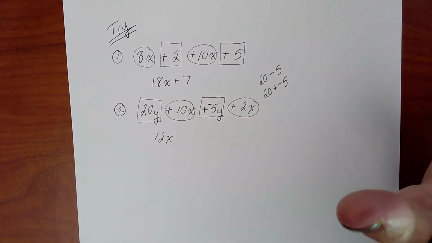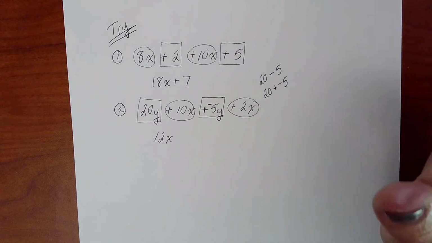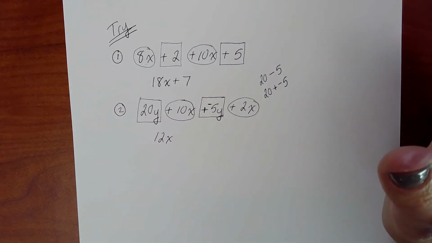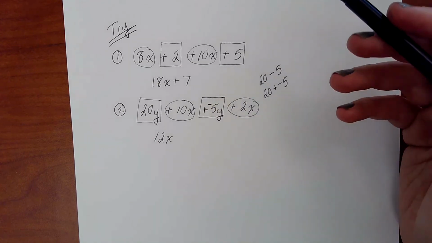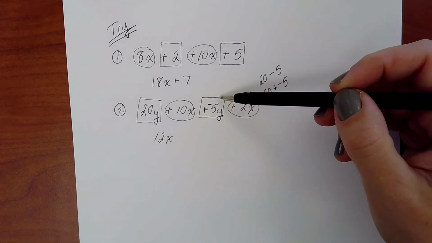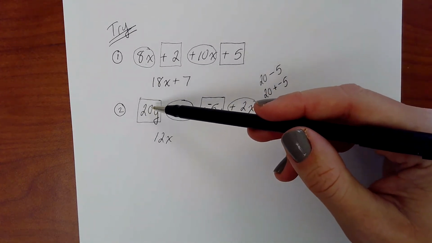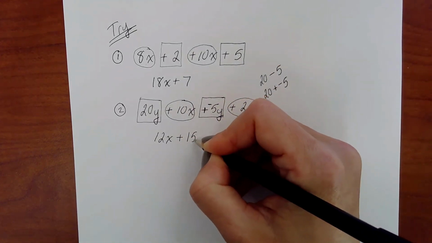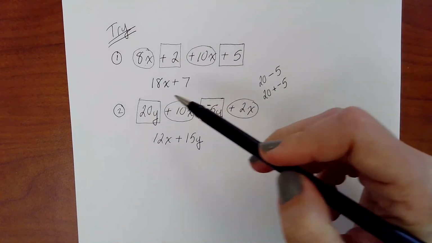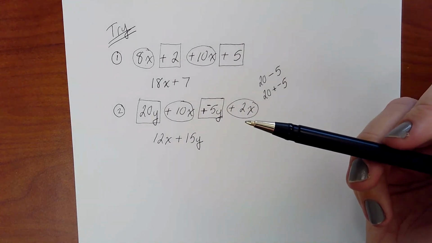And I believe in the long run, that is going to help you solve these problems. So you can either do what I just did, plus a negative, or just think of that as negative 5y. 20y with a negative 5y is a positive 15y. 20 minus 5 is 15.